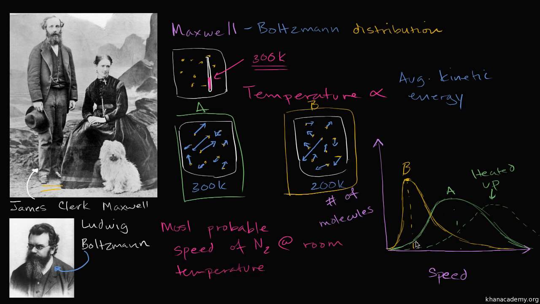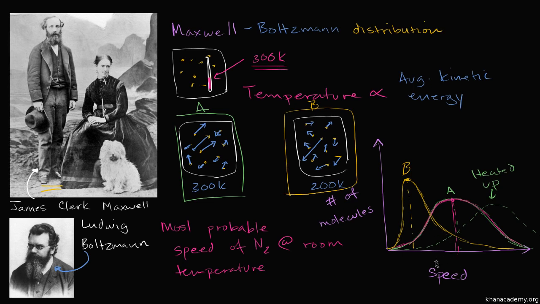So let's say that this was the Maxwell-Boltzmann distribution for nitrogen at room temperature. Let's say we call room temperature 300 Kelvin. This most probable speed right over here, the one where we're going to have the most molecules at that speed. Guess what that is going to be before I tell you, because it's actually mind-boggling.